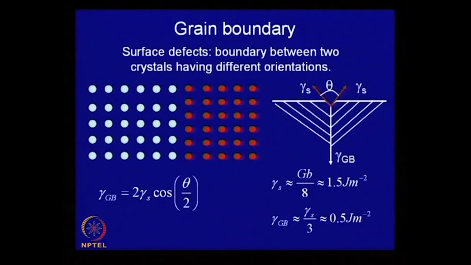Now, we are talking about surface defects, and the first surface defect in terms of the dislocation concept that was introduced was the stacking fault, and stacking faults also can be seen easily under the microscope, and one example has just been cited. But one of the simplest surface defects that we know of, and you can see these defects under an optical microscope, is the grain boundary.